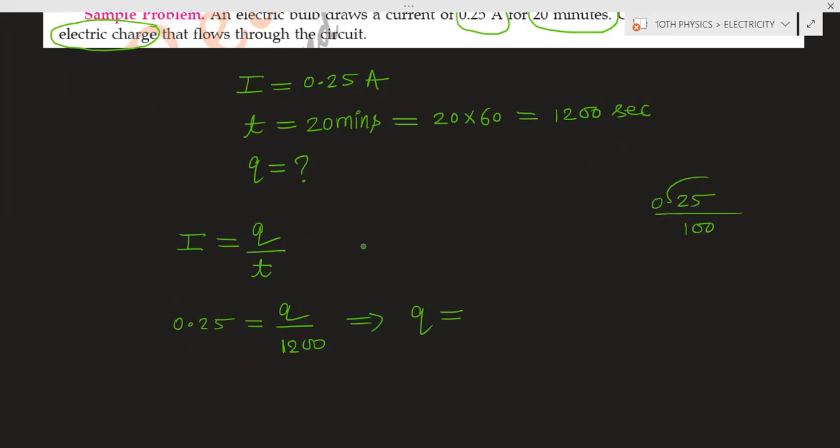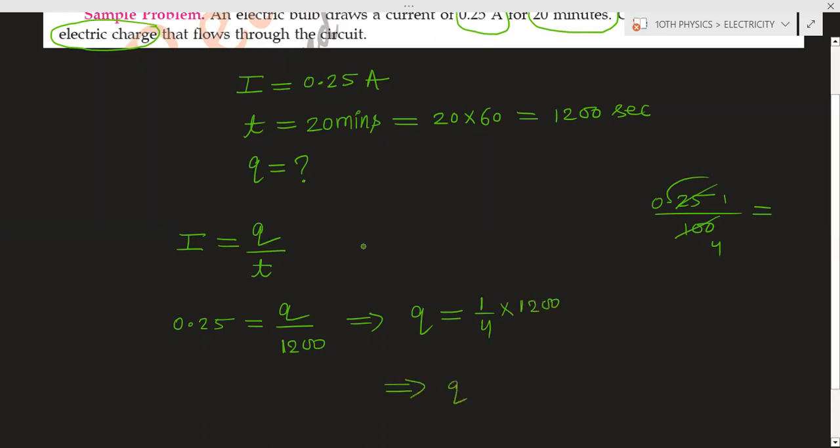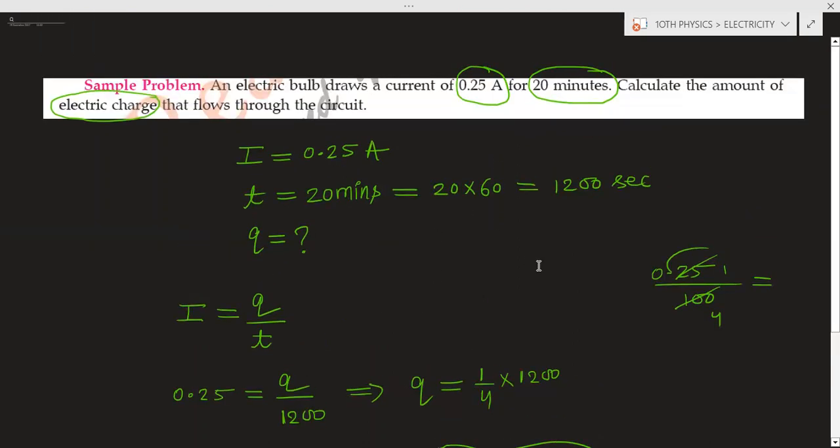When you remove this point here it will be 100, and when you cancel this out, it will become 1 by 4. So 0.25 means 1 by 4 multiplied by 1200. The charge flowing is 300 coulomb. So this amount of charge, 300 coulomb, is flowing through the circuit in 20 minutes. Okay, so note down.